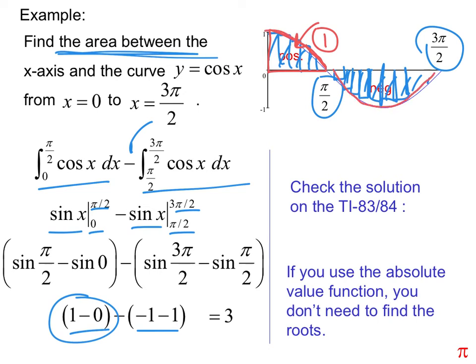And this is a full hump underneath the horizontal axis, which came out to be -2 for that area. But again, remember, I want total distance, so I'm going to subtract that -2 or take its absolute value and get a total of 3. 3 would be the total area bounded by this function and the horizontal axis.